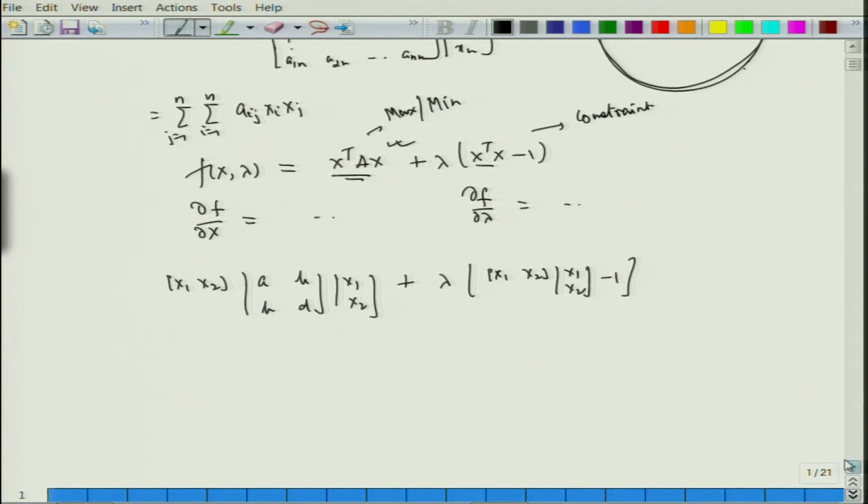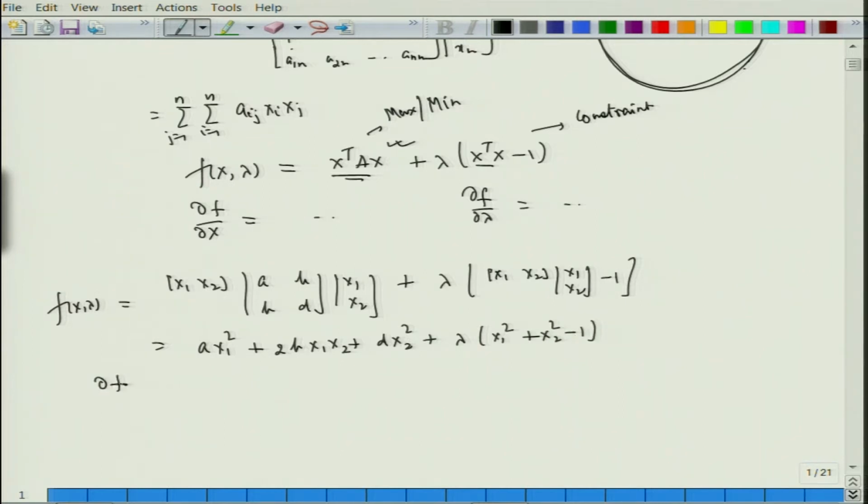I want to look at this function, f of x and lambda. This I can rewrite as a x1 square plus 2b x1 x2 plus d x2 square plus lambda times (x1 square plus x2 square minus 1).